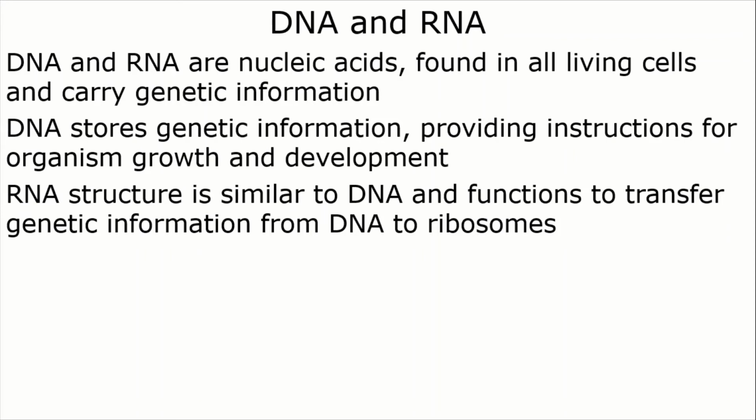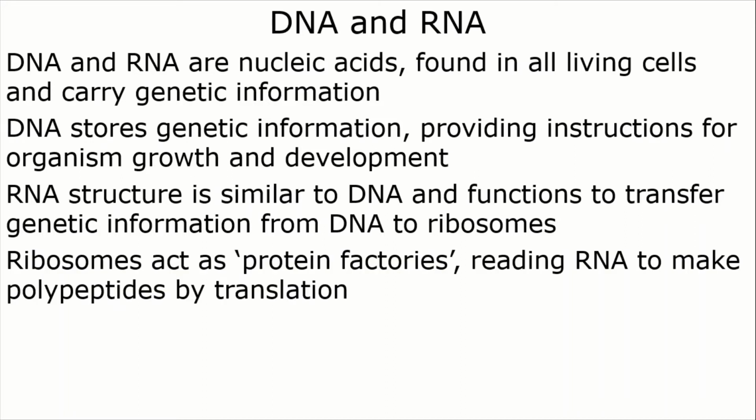And if we look at RNA, its structure is very similar to DNA, but its function is to transfer genetic information from DNA to a molecule known as a ribosome. And ribosomes are often described as protein factories because essentially they act to make proteins, and so ribosomes will read the RNA that is transported to it, and it will make polypeptides by a process called translation.